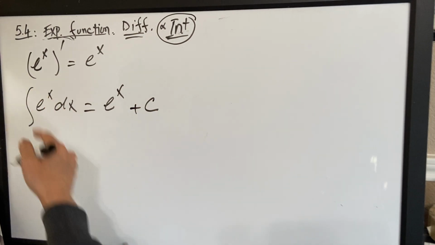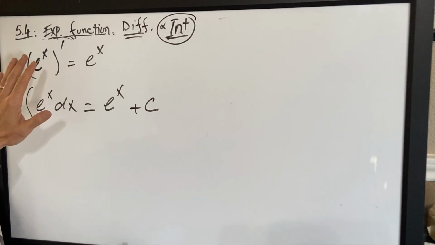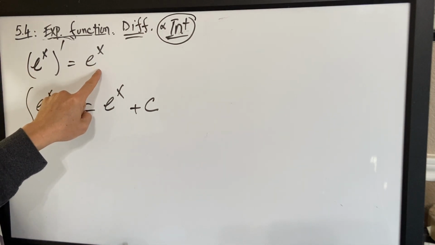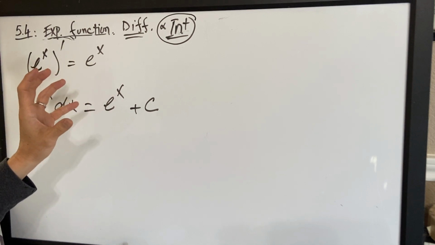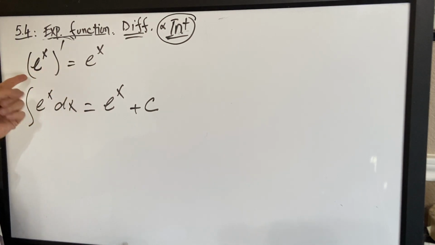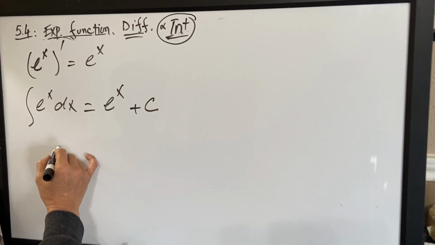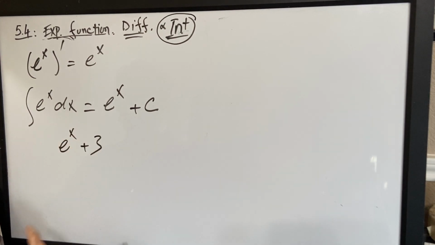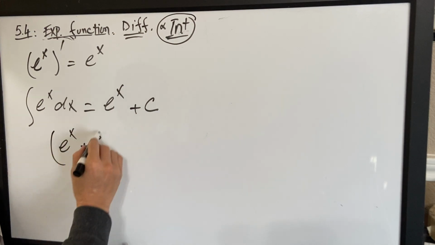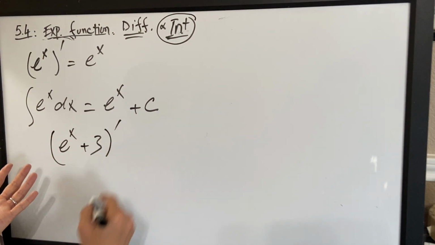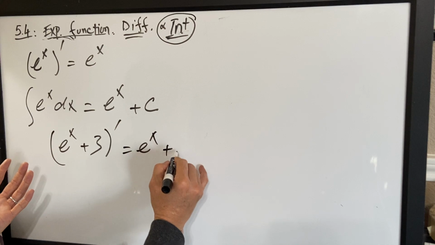The derivative of this function is itself, therefore the antiderivative of that is the function itself. But don't forget, for example, if you have e to the x plus 3, and you take the derivative, what do you get? e to the x plus what? 0.